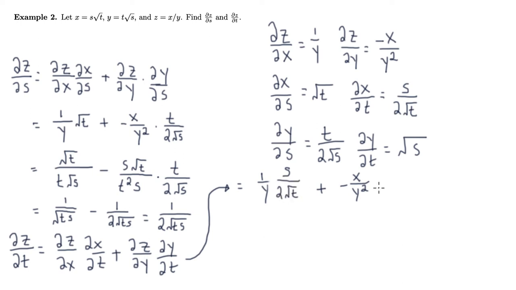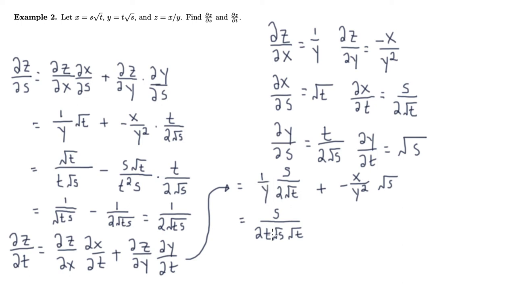And then partial y partial t is just root s. So let's plug back in what x and y are. So this is s over y is t root s. So this is going to be 2t root s, and then root t coming from here.